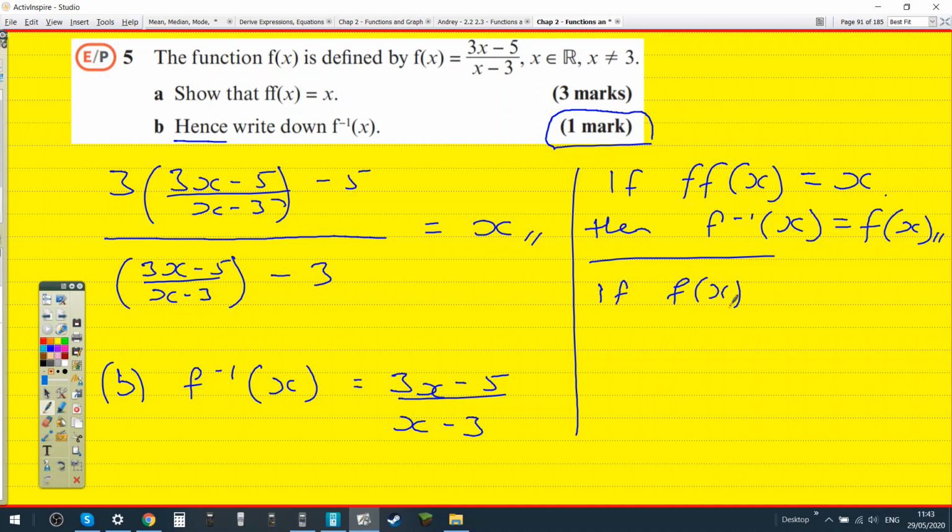If f of x is equal to f inverse of x, then I think f of x is equal to x. But we just have to remember, if the function is equal to the inverse function, then f of x is just x. Okay, so special rules if the function and inverse function are equal to each other.